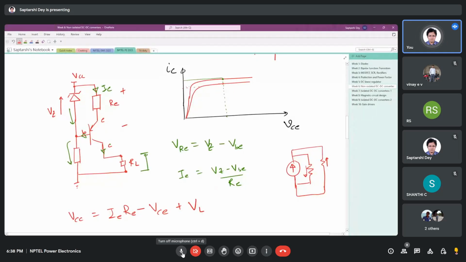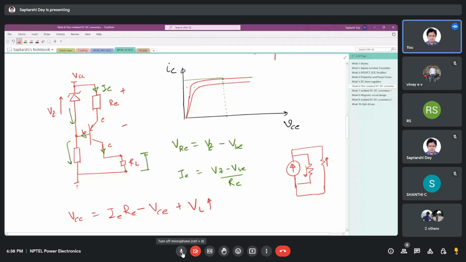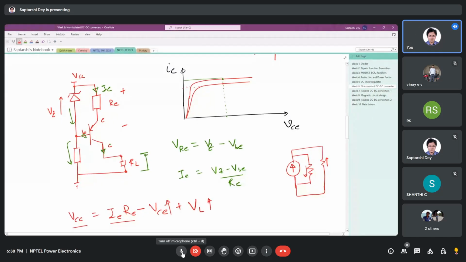Now increasing RL means increasing this. If this is constant and this is constant, increasing this will increase this, right? Yes, sir. So I think the limit is coming from here.